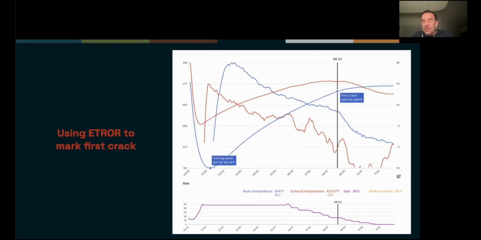If you can't see this in your data, let me know, because I might be able to help you improve the quality of your data so that you can see it. And if all else fails and you have to go by audible, then just as soon as you hear more than one pop, go ahead and mark first crack. And that will be fine as long as you're consistently doing it at the second audible pop. That'll work close enough.